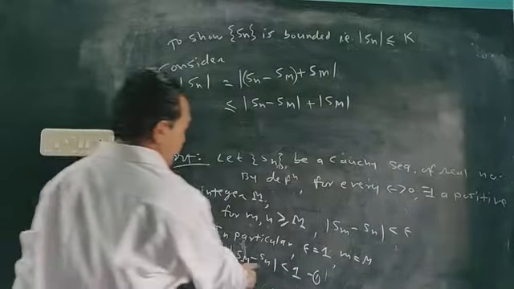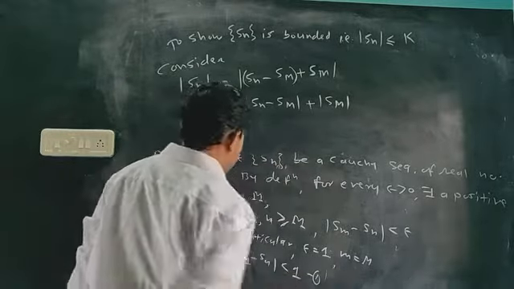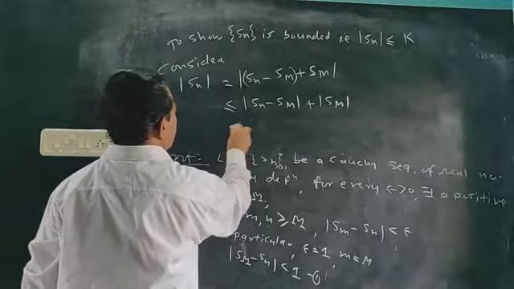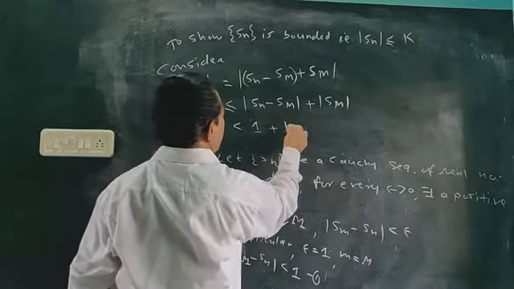We know SM minus Sn is less than 1, so mod of Sn is less than 1 plus mod of SM.